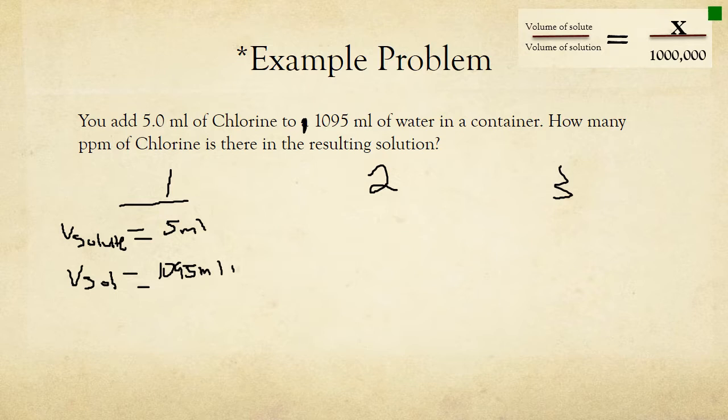I'm going to add that to my solute, 5 milliliters, because when I put it in, I'm going to stir it up and get a solution. That's the tricky part, where people can make mistakes. That gives me a nice round number, 2,000 milliliters, which is equivalent to 2 liters. So that's my first step.